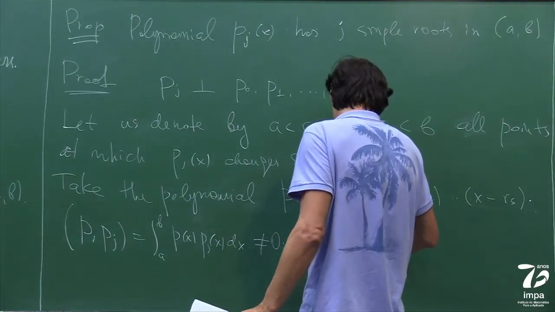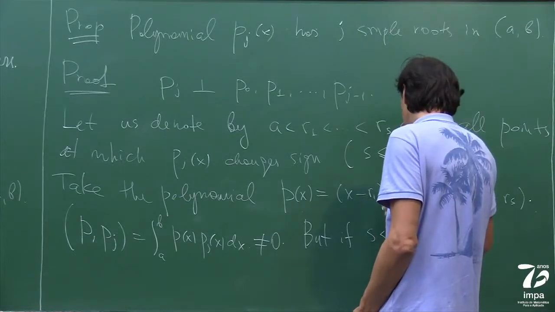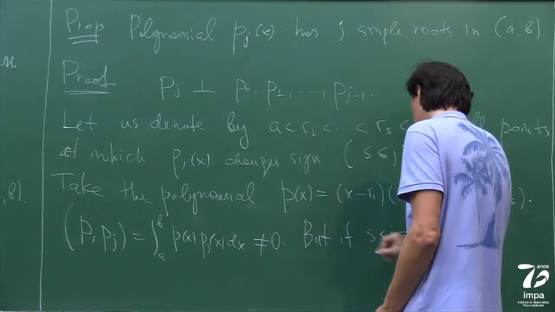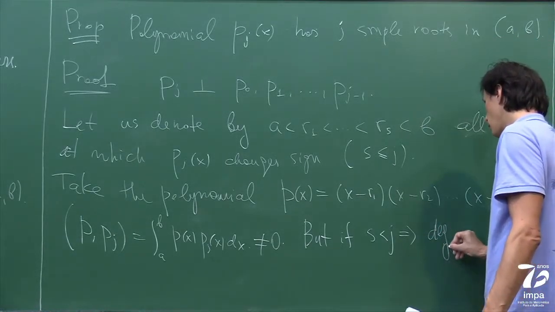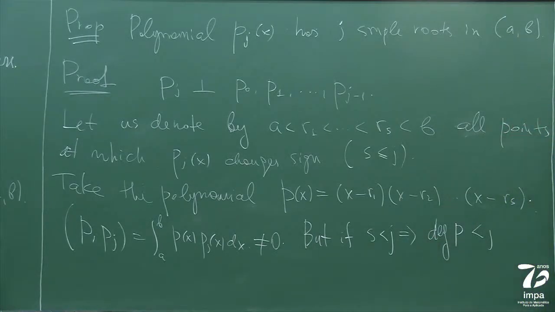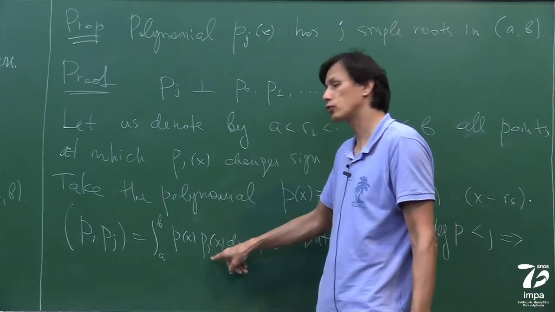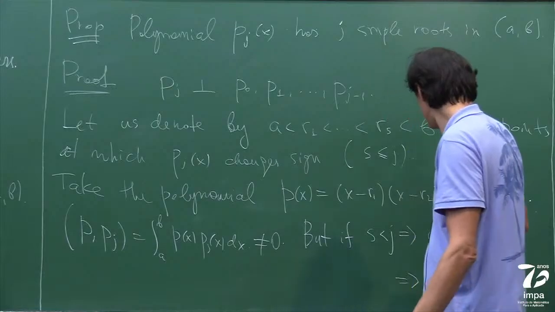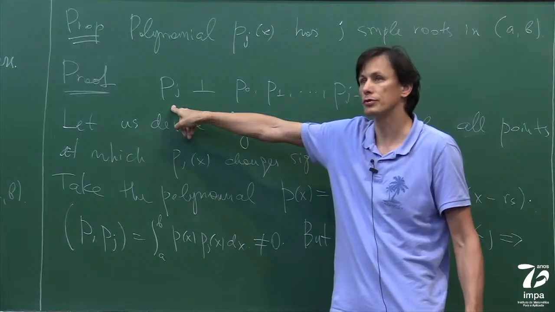But if S is smaller than j, then the degree of the polynomial P is smaller than j, and then it should be orthogonal to Pj. Because if the degree is smaller than j, it's a linear combination of the previous polynomials, which are all orthogonal to Pj.